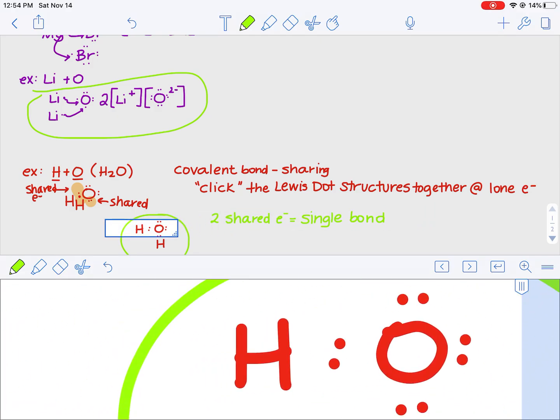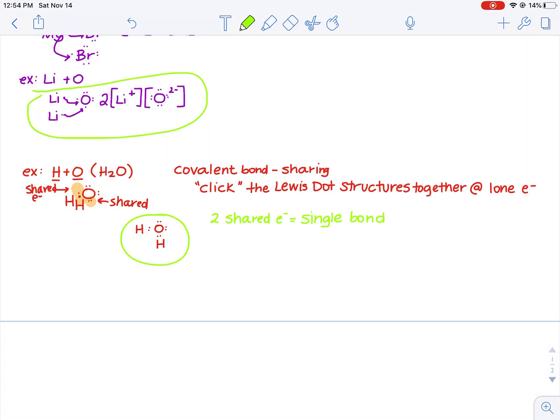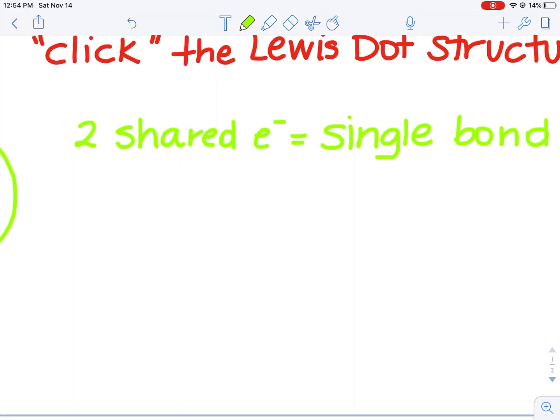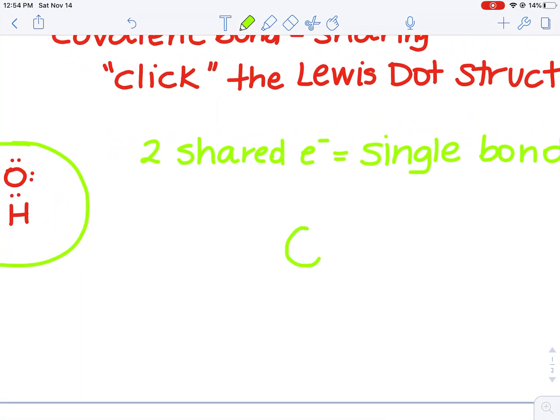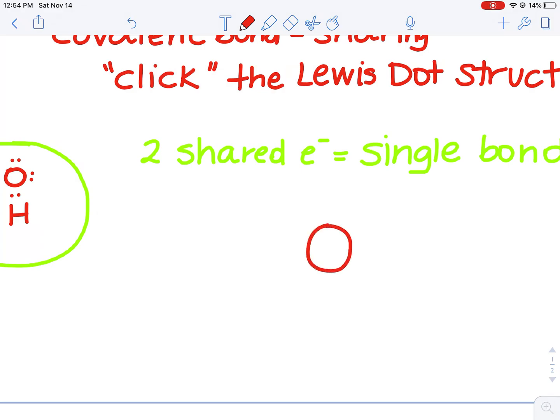So what we mean to say is that the hydrogen and oxygen atoms are held together with a single bond, a single covalent bond, because they're sharing 2 electrons between those atoms. That can then be translated into the ball and stick model, where wherever there's a shared electron, I can change that into a dash. And I'm still going to show the lone electrons on the oxygen.